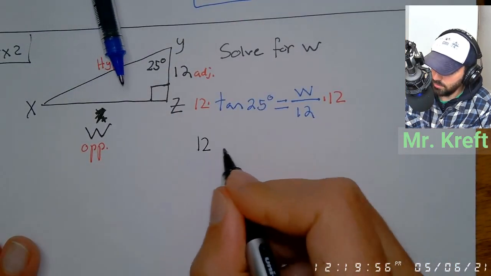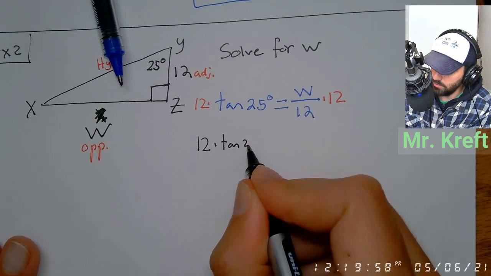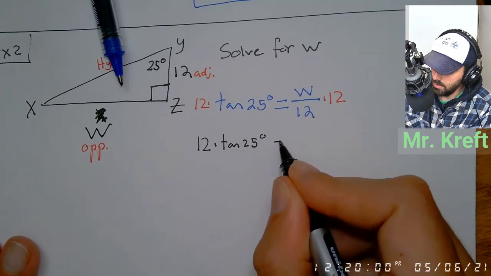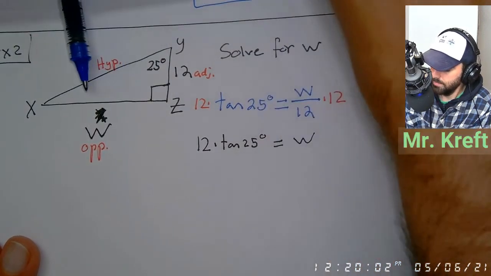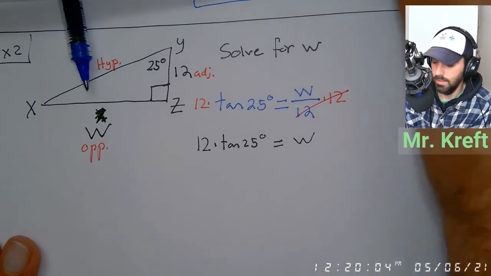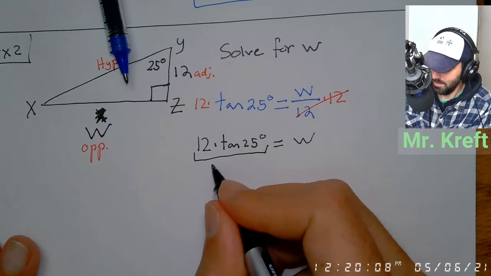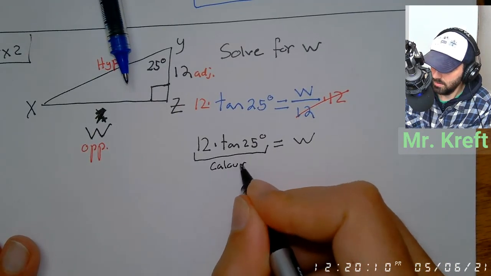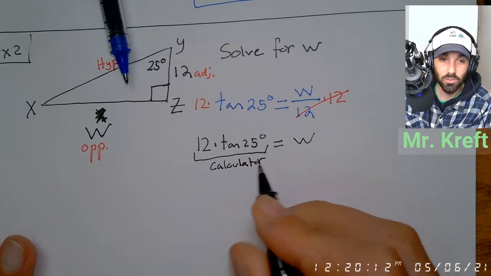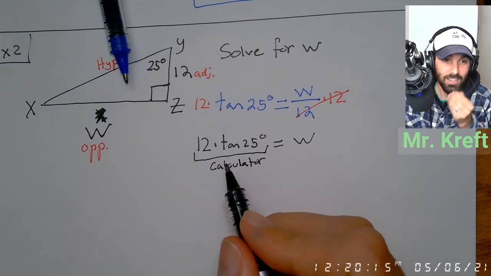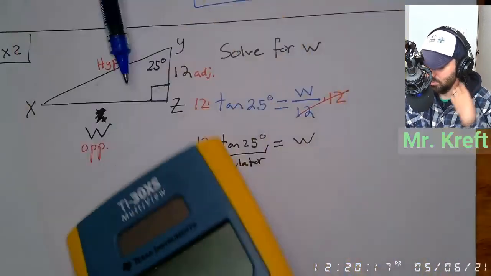And I get 12 times tangent of 25 equals W. And we have to remember, that's a number. Right? So this is our exact answer, 12 times tangent of 25.